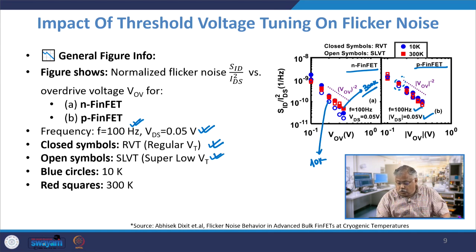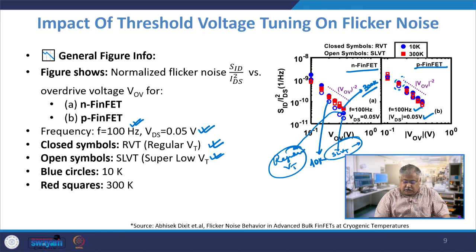So, the open symbols are your super low VT devices, and the closed ones are, let us suppose for example, regular threshold voltage. So, two flavors of threshold voltages have been used here, and of course, the blue circles are 10 Kelvin and the red circles are 300 Kelvin.